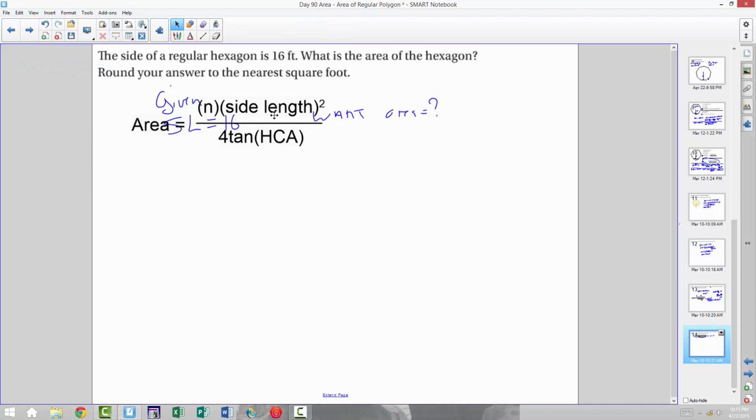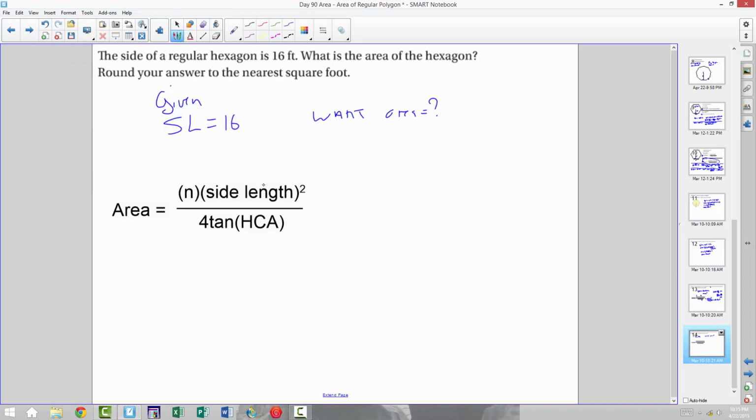So side length is 16, hexagon is 6, and the half central angle of a hexagon is 30. We found that throughout the lesson today. So plug in numbers: 6 times 16 squared over 4 tangent 30. So my area is about 665.1 feet squared.